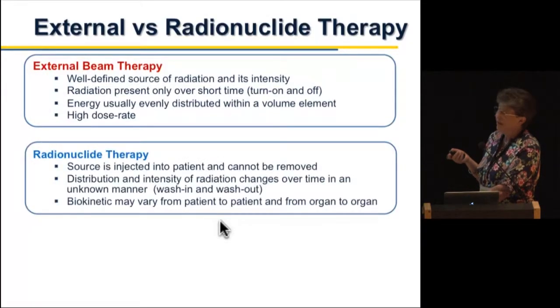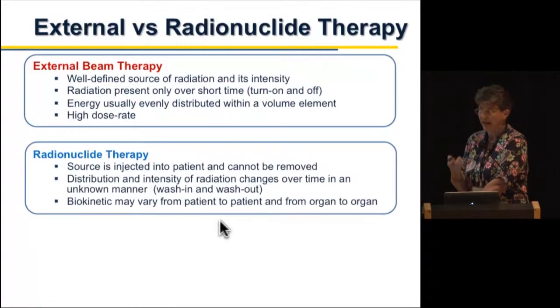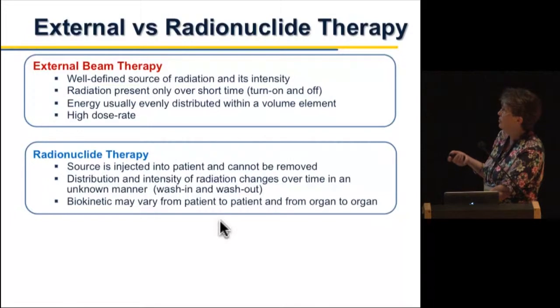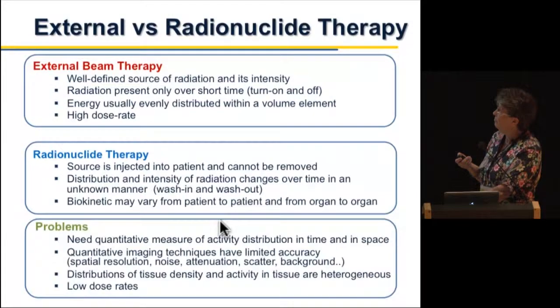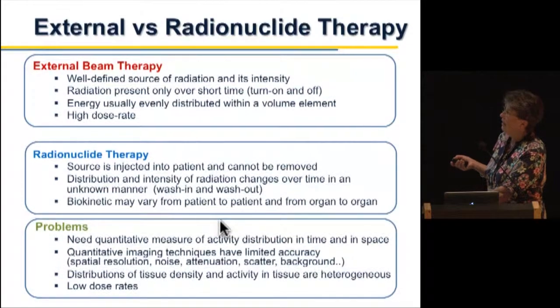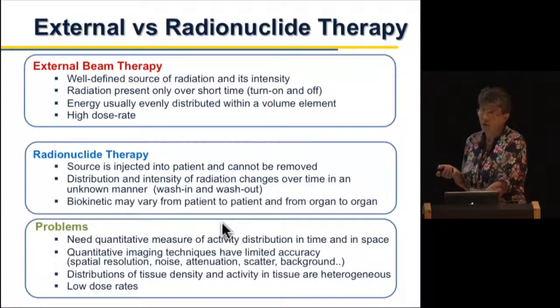In radionuclide therapy, you inject the activity and then you lose control. You don't know where it is. It can move through the patient, and actually it will move through the patient. And the biokinetics of this movement can vary. So for dosimetry, we need quantitative measurement of activity, we need quantitative imaging techniques, we need the distribution of tissue density, and we have low dose rates.